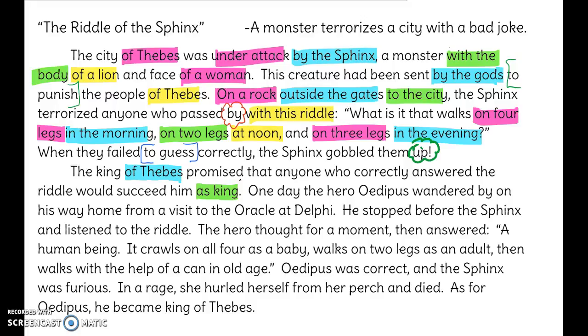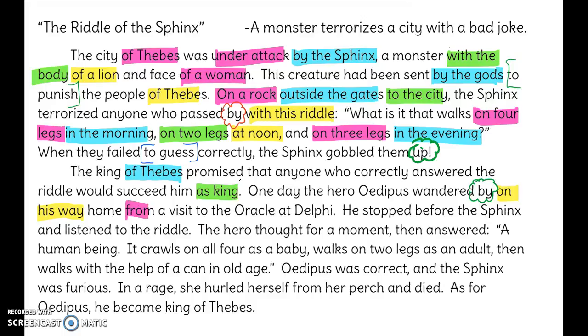I see "one day," "by," on his way. By doesn't look like it has a noun after it, so it must be an adverb. It's just he wandered by. On his way.